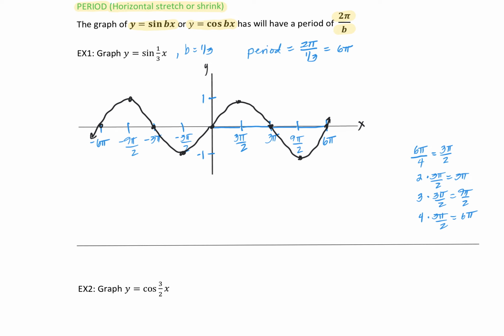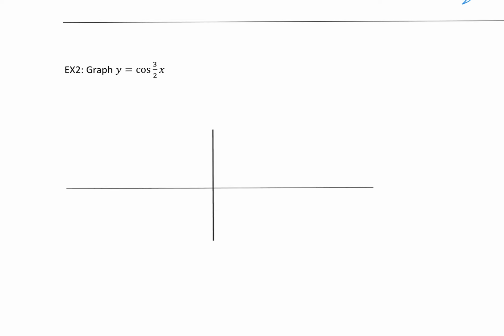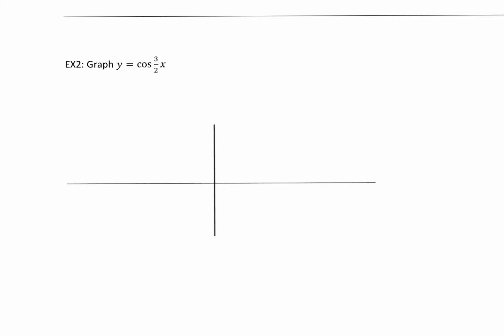Try another one. In example 2, we want to graph cosine of 3 over 2 times x. I see that 3 over 2, which would be my b value. So now my period has changed. It's going to be 2 pi over 3 over 2.